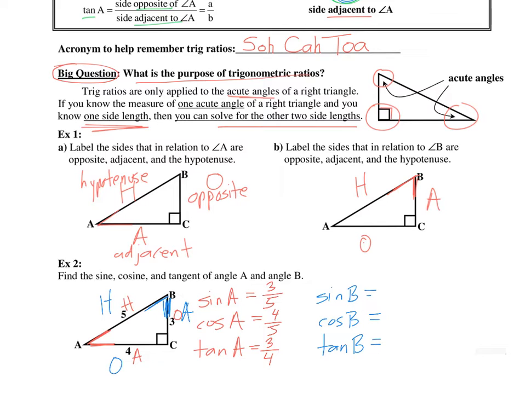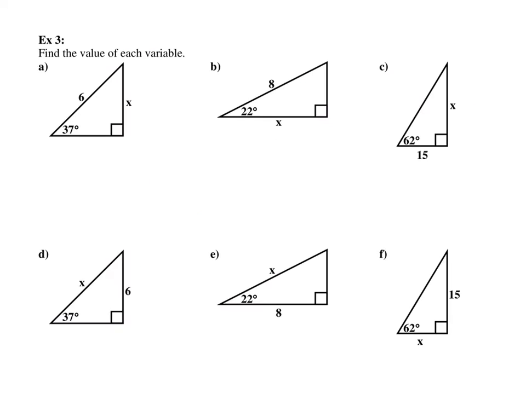So you have opposite, which is 4, the hypotenuse, which is 5. For cosine, adjacent is 3, hypotenuse is 5. For tangent of B, I have opposite, which is 4, and adjacent, which is 3. Okay? If you understand all this, then you're not going to have much difficulty doing the real problems.